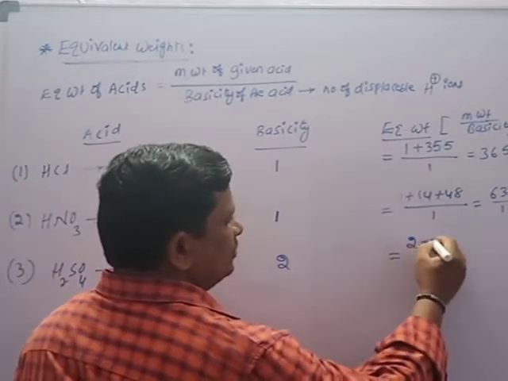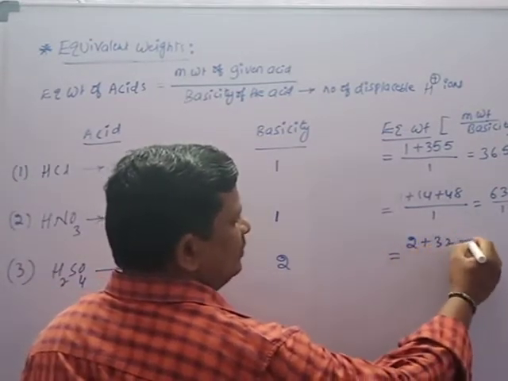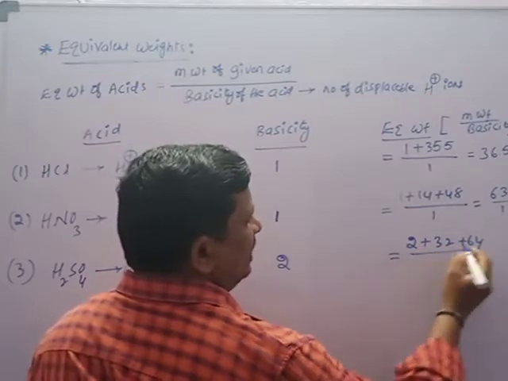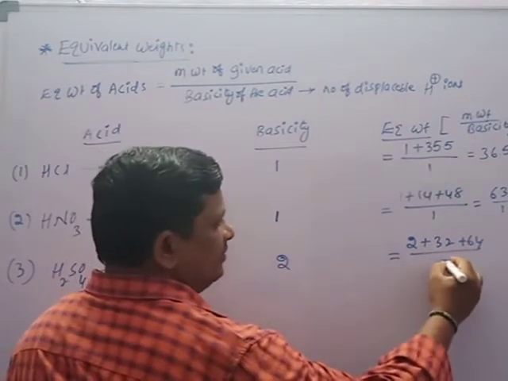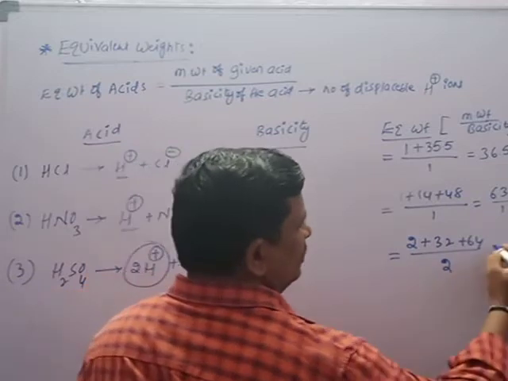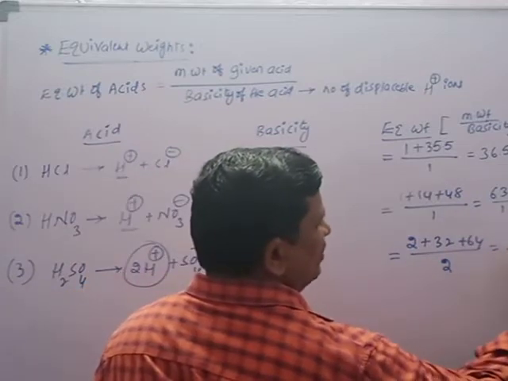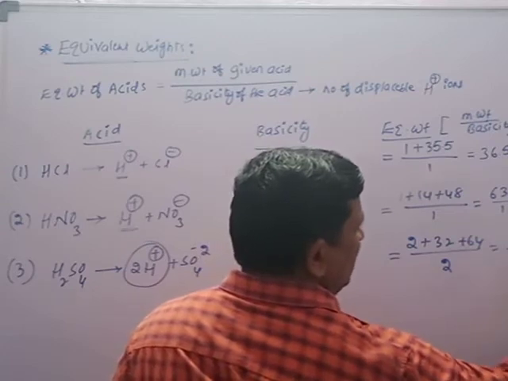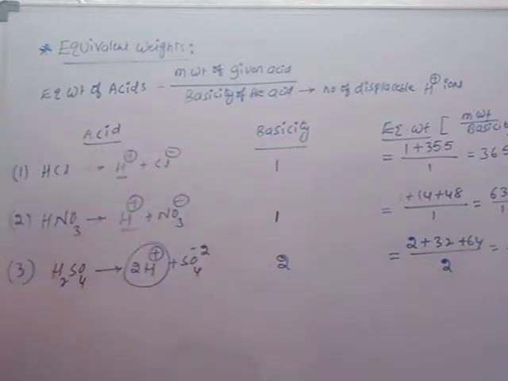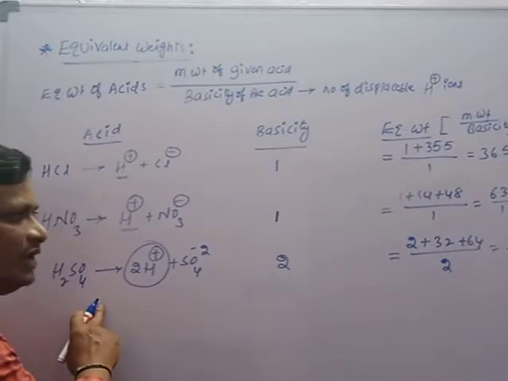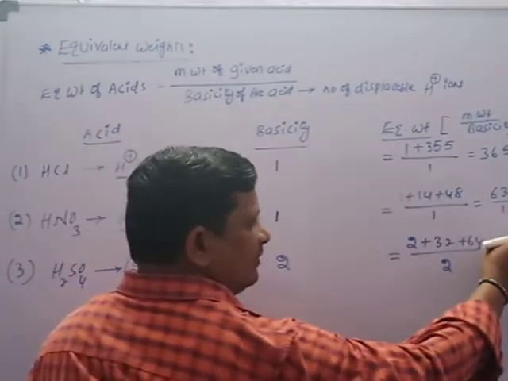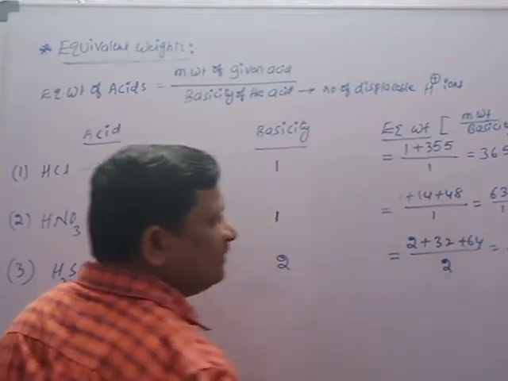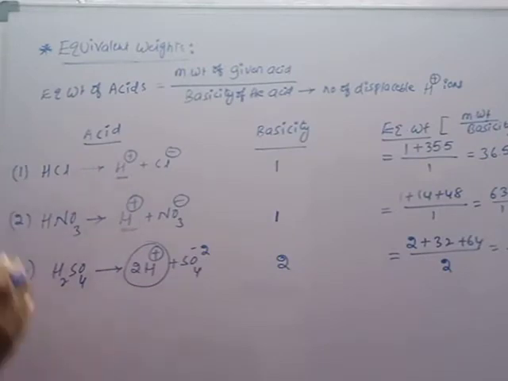H2 means 2, S means 32, O4 means 64, so 98 is the molecular weight, and its basicity is 2. So 49 is the equivalent weight. Sulfuric acid: molecular weight 98, equivalent weight 49.